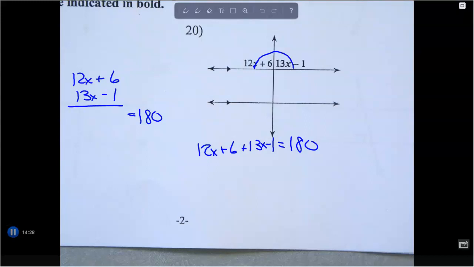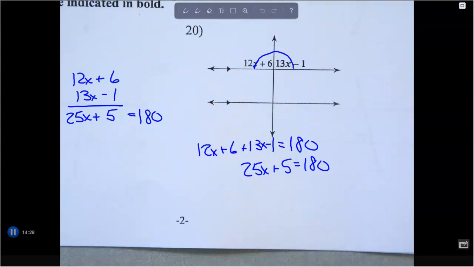You add them up to get 180, right? Not subtract them to 180. So you should get 25x when you add these two up. 6 plus negative 1 is 5, and then we set it equal to 180.